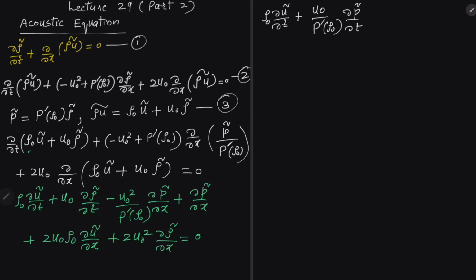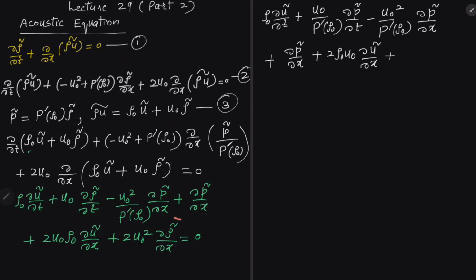And we also have minus u naught square p dash rho naught. This remains the same, partial p tilde by partial x, plus the next term, plus partial p tilde by partial x, plus 2 rho naught u naught partial u tilde by partial x, plus. Now we do the same.